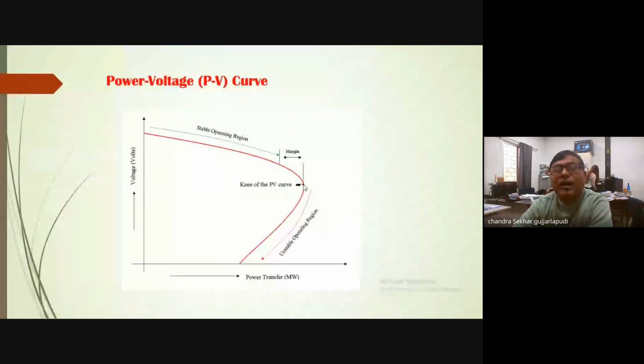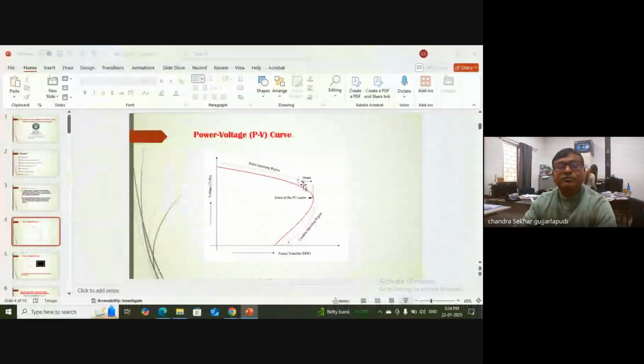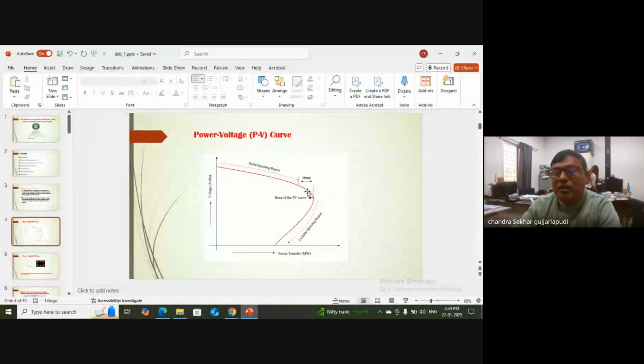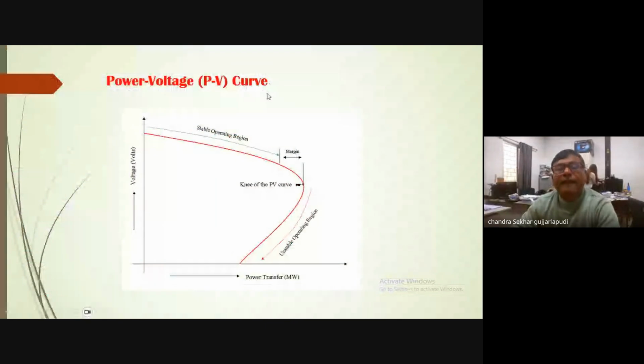Before that knee point of the PV curve, we have to know about the situation that is arising for the system.